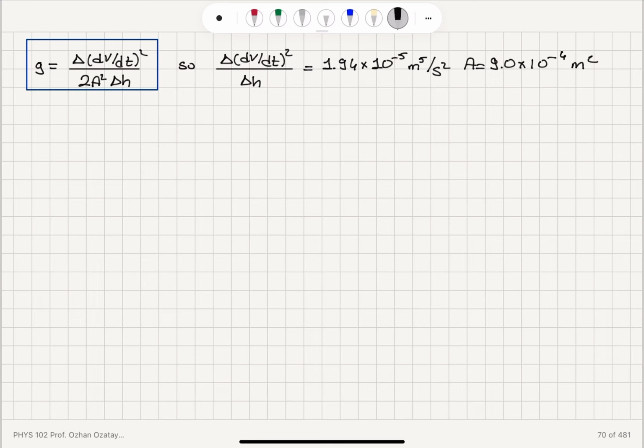So if I substitute these numbers, I can calculate g as the slope, 1.94 times 10 to the minus 5 divided by 2A squared, which is 2 times (9.0 times 10 to the minus 4) squared. And the answer I get is 12.0 meters per second squared.